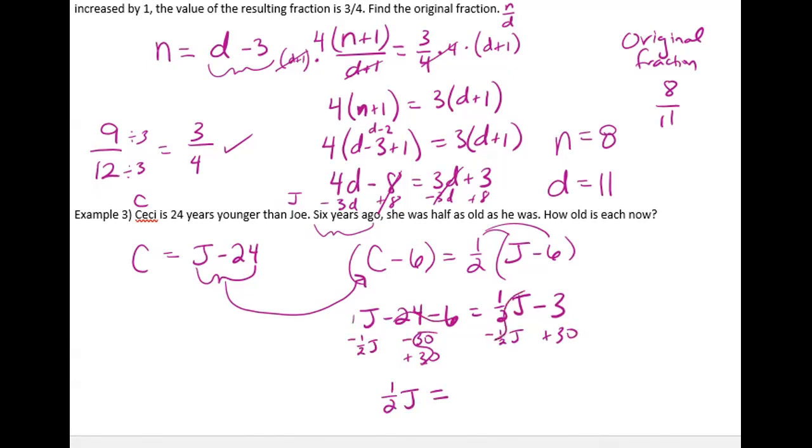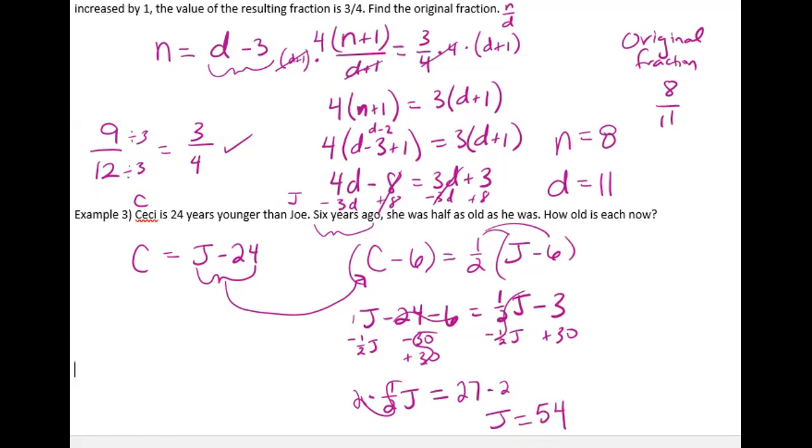This one is now 0, and minus 3 plus 30 is a positive 27. If half of j is 27, what's a whole j? Well, we can multiply by 2 to get rid of that half. So an entire j is 27 times 2, or 54.